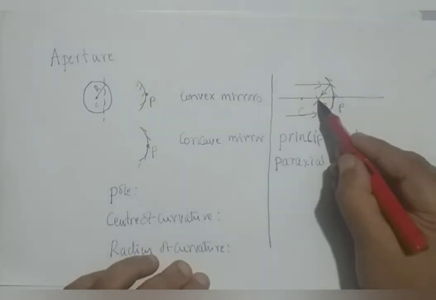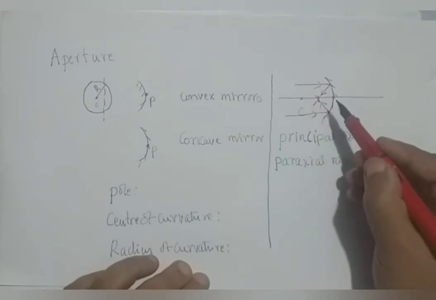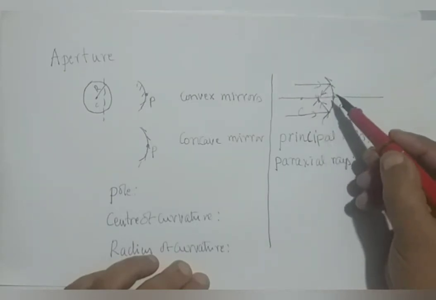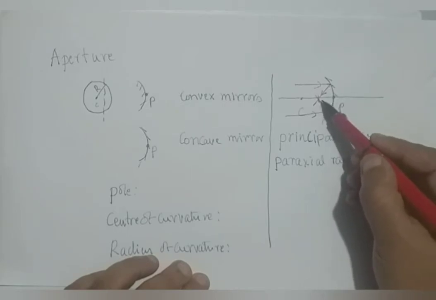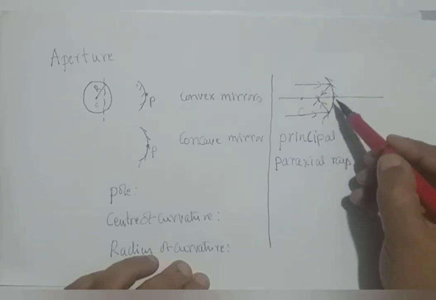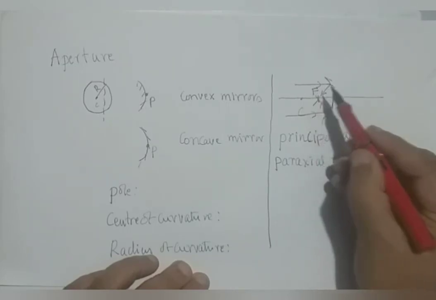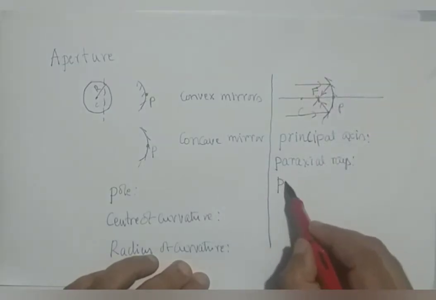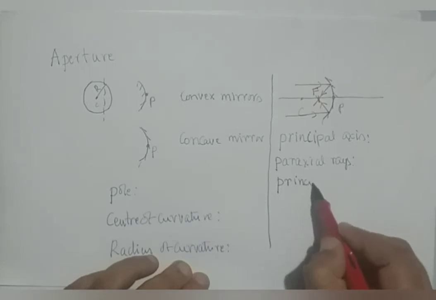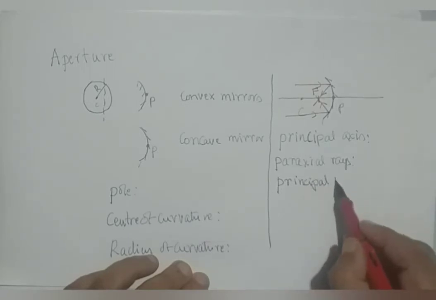Then this point on the principal axis to which this parallel beam of light rays converges after falling on the concave mirror is denoted by F, and it is called the principal focus.